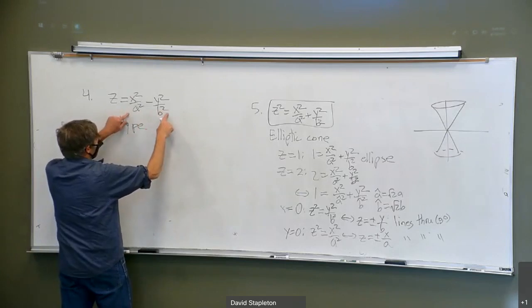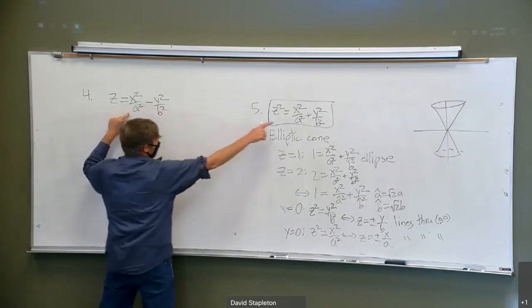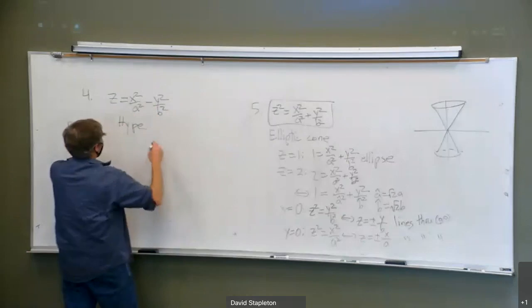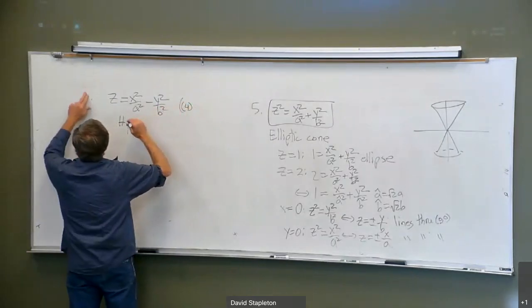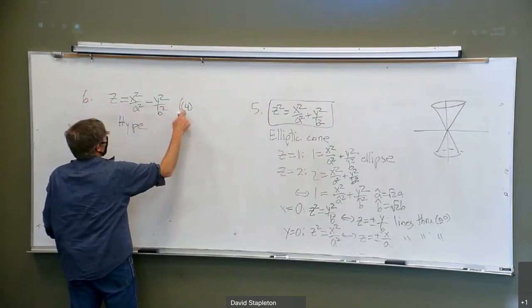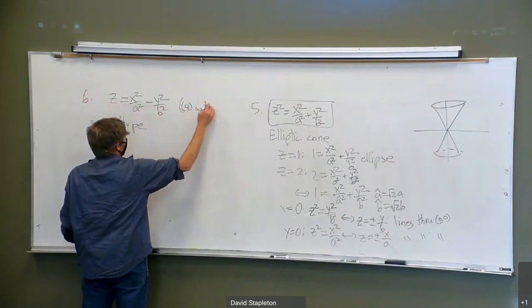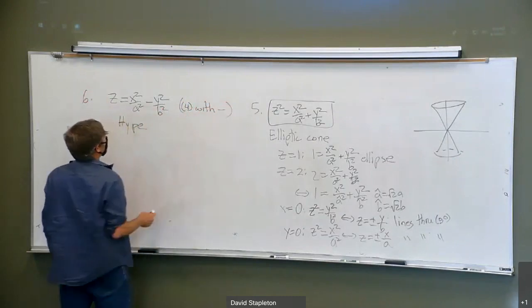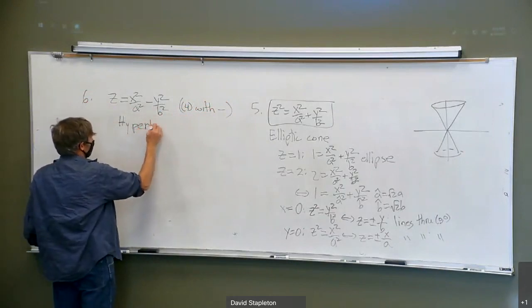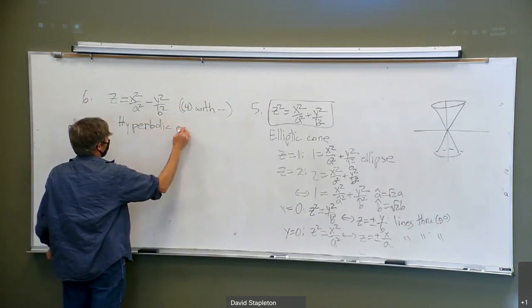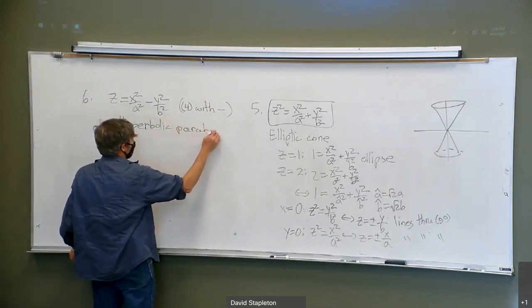Take the elliptic paraboloid and change the plus to minus. From equation 4, this is 6, the 6th one. This is 4 with a minus instead of plus. So this is a hyperbolic paraboloid, right? And you can guess why: the cross sections are hyperbolas and parabolas.